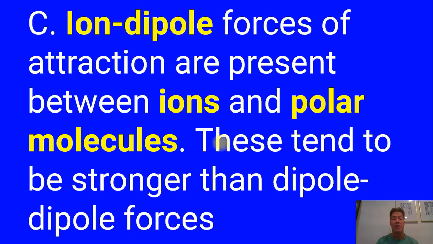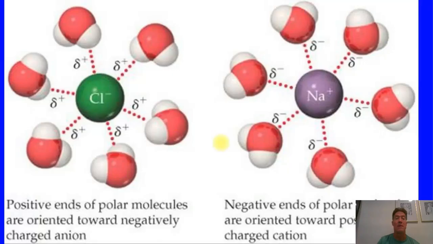A third kind of attraction is known as ion-dipole attraction, and these are present between ions and polar molecules, and these are stronger yet. They're stronger than the dipole-dipole forces. So, for example, here is sodium chloride, salt, being dissolved in water, and the water molecules, which are polar, are going to orient themselves around these ions. So the positive side of the water molecule, the hydrogen side, is going to orient itself around the negative ion.